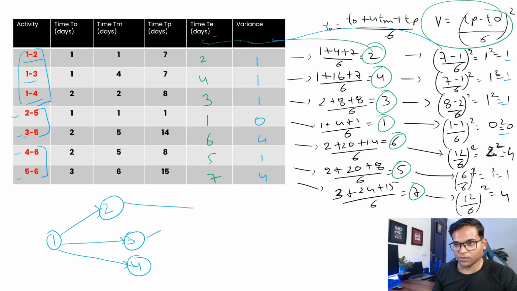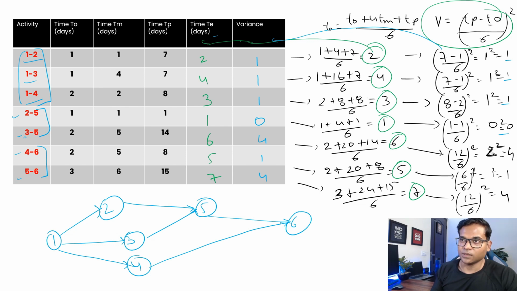So draw it like this and this, and here you can assign 5. And then 5 is connecting to 6, as well as 4 is connecting to 6. So most probably this is what your critical path should look like, right?